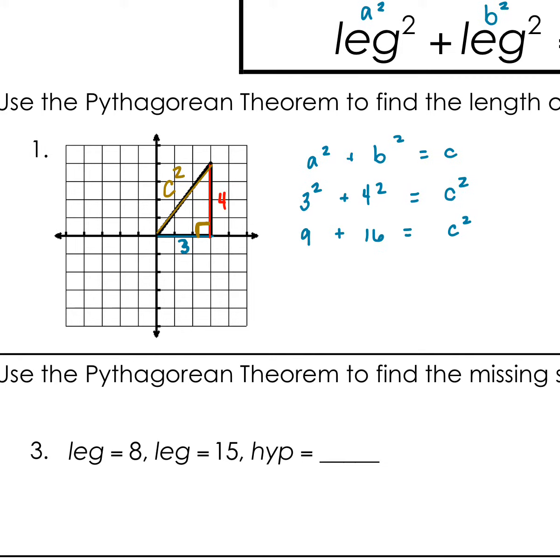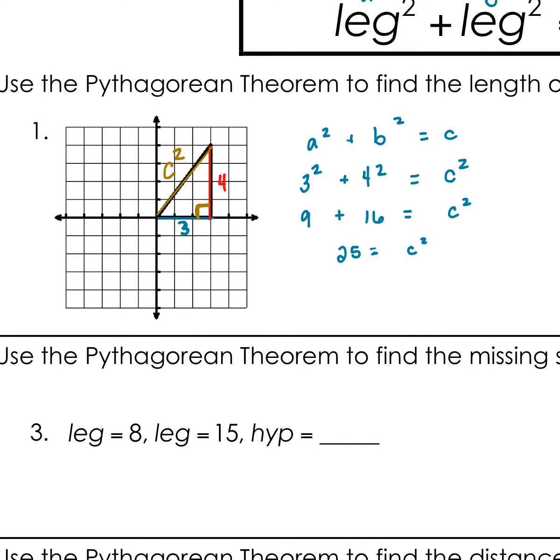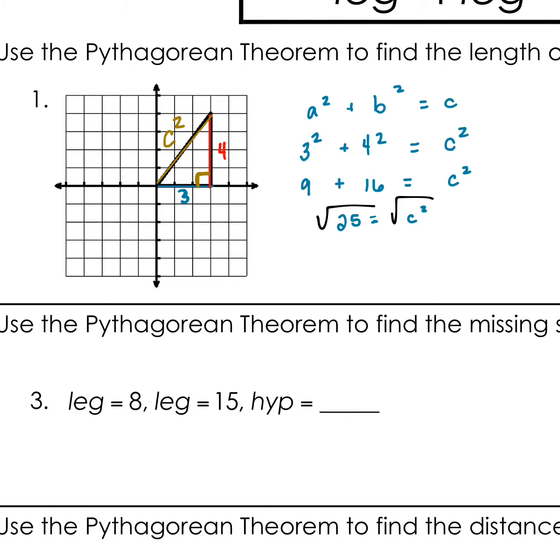Nine plus 16 is 25. And then we need to do the square root to get c by himself. So we know the missing value of that third side is 5. So our dog Pythagoras helps us get there.